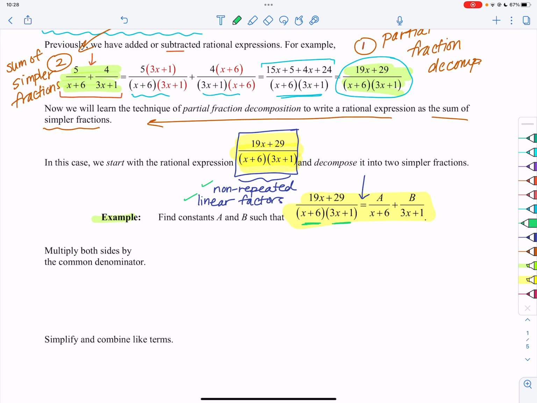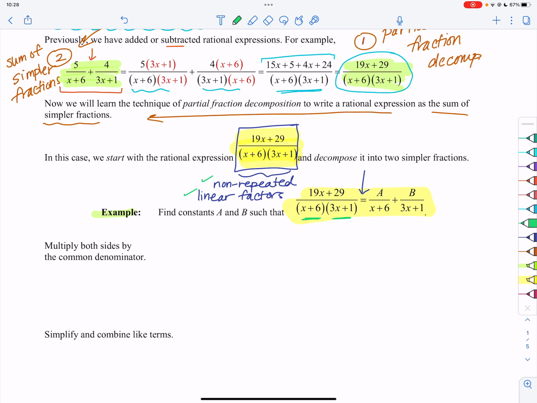So now what would we do in order to solve for x here? As you can see, I have a little note here to multiply both sides by the common denominator. So really what I'm saying is for this side of the equation to multiply by x plus 6 multiplied by 3x plus 1, and the same with this.